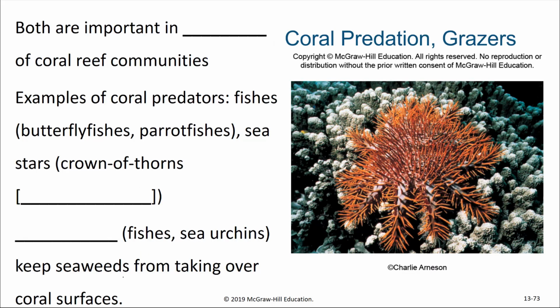When we talk about things that shape the reef, coral predation and grazers play an important role in structuring the coral reef community. Some examples of coral predators include fish that directly eat the coral colonies, or one of the most devastating, the sea stars, specifically the crown of thorns sea star in the genus Acanthaster.